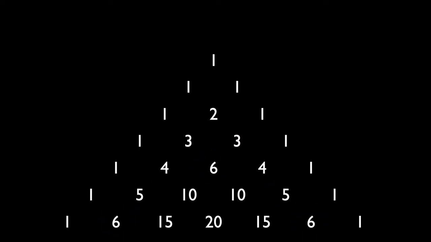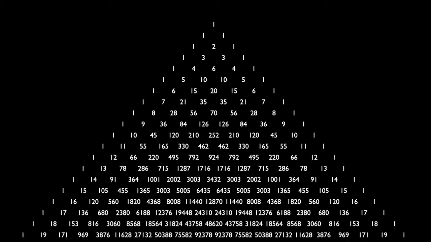And a question you might reasonably ask is, how often do numbers occur in this triangle? Which numbers occur most often, and how many times do they appear? And again, this is a question we're not sure of the answer to.